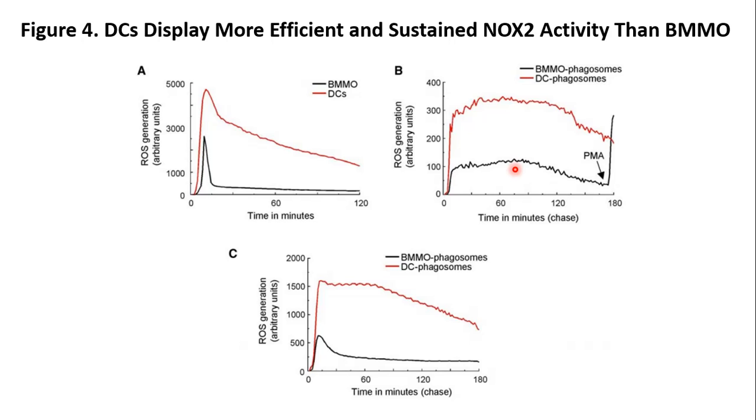So the ROS production in DC phagosomes was stronger and sustained, and they used PMA on macrophages after 2 hours of phagocytosis to exclude the possibility that bone marrow derived macrophages degrade luminol attached to the beads. So you can see that the hypothesis was excluded and DCs were sustaining more ROS production.